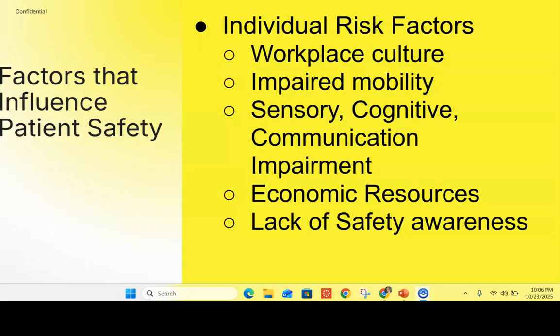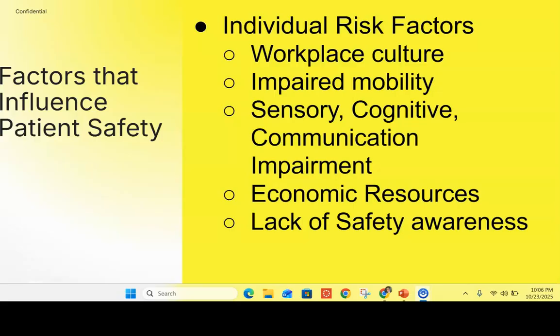Visual, hearing, and tactile communication impairments such as aphasia mean patients lack the ability to express needs. And then reduced health literacy, so being unable to understand information to make safe choices.